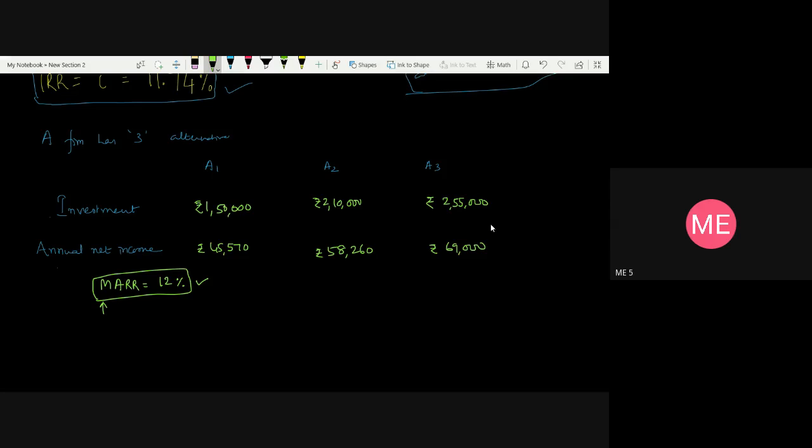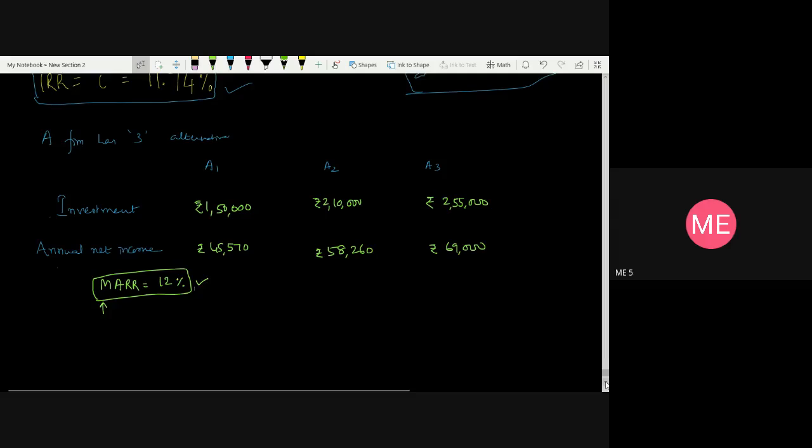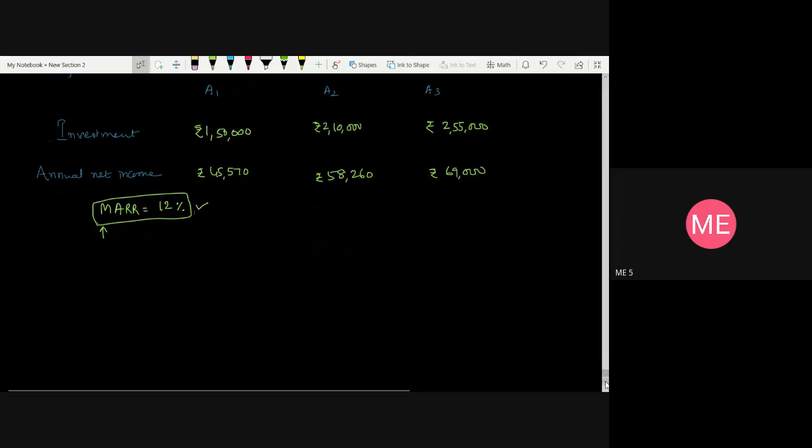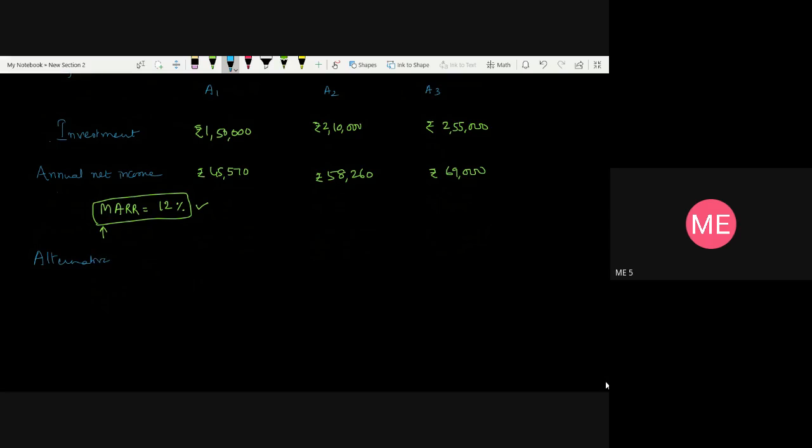Okay, so first we'll go by alternative 1. Based on the given data for alternative 1, the initial cost, which is P, is rupees 1,50,000.